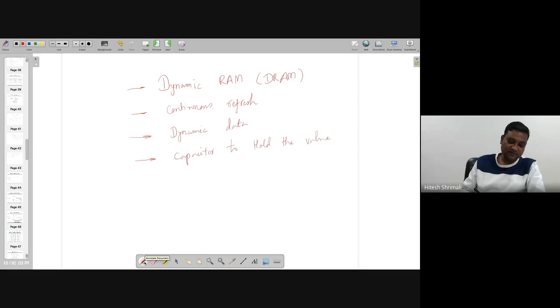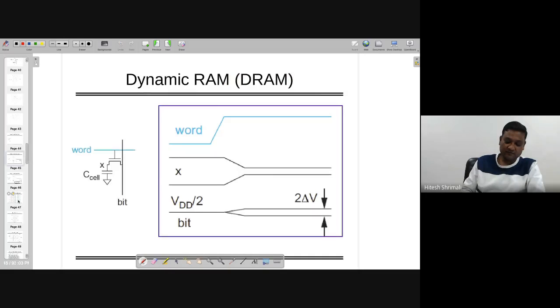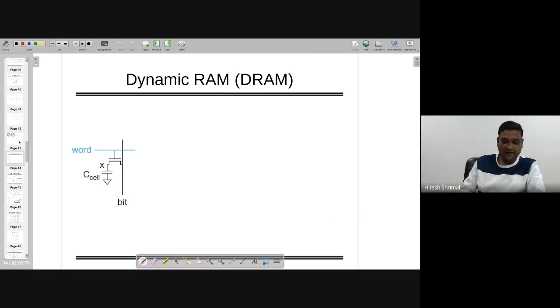So now let's go with the first step. Dynamic RAM, as I told you, is going to store the value on a capacitor. Like we had SRAM, where you had the word line, which is associated with the address, and the bit line, and bit bar was also there, and Q and Q bar were there.